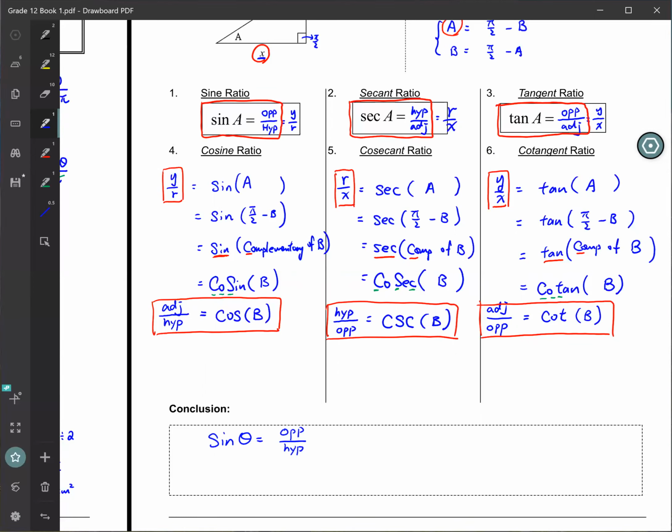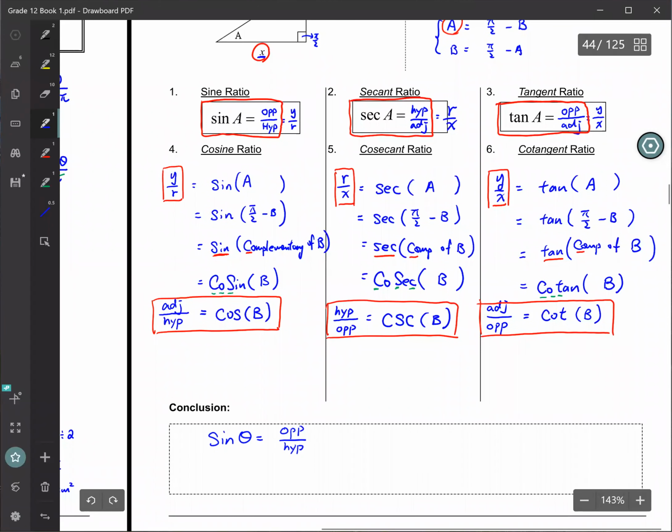Okay, which one is the flip over, right? The reciprocal of sine. Okay, look at the list. Which one is the flipping of sine? Have you found it? Irae, have you found the one that's the reciprocal? Yeah. Which one? Cosecant.